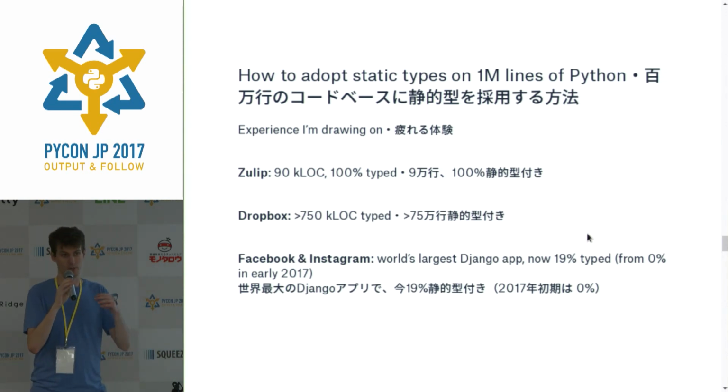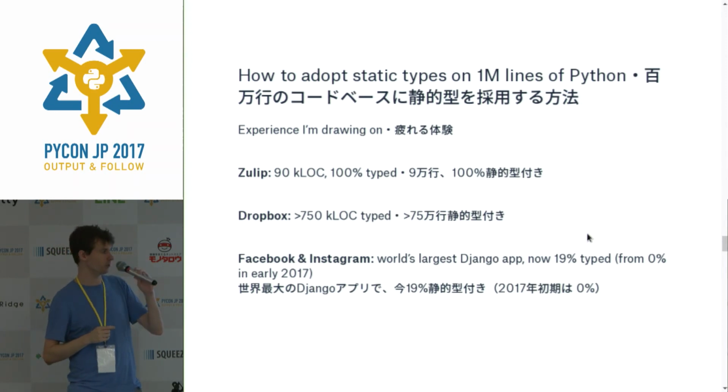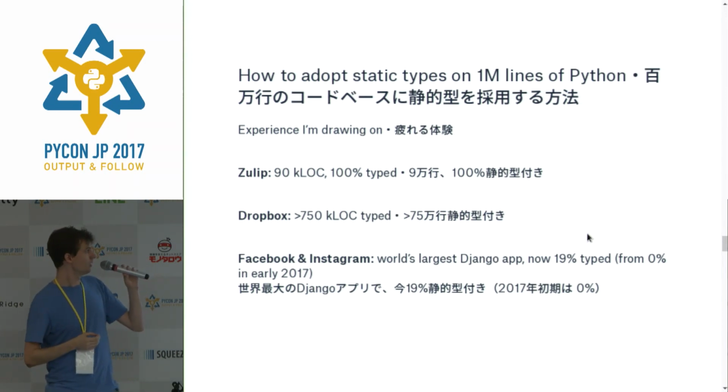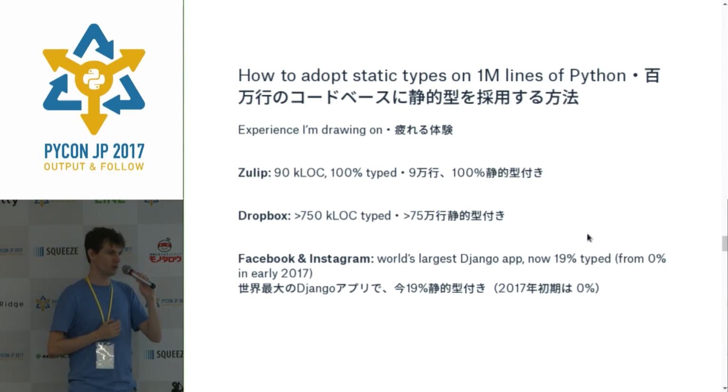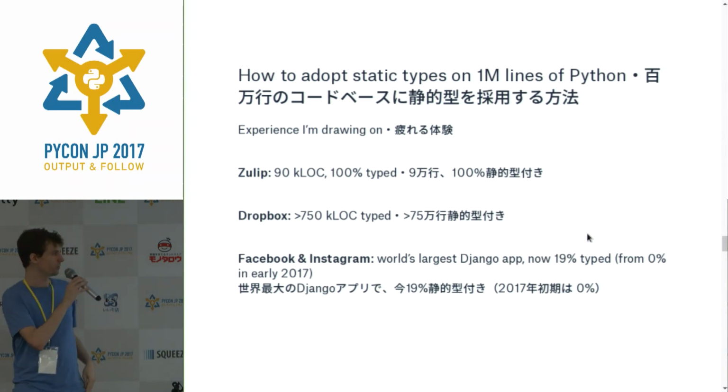And it got there about a year ago. Published a really nice blog post I'll tell you more about, I'll link to later. And Facebook is, I think, actually now the largest user. They're a little bit cagey about just how much code they have in total. But Instagram, turns out, is in Python.